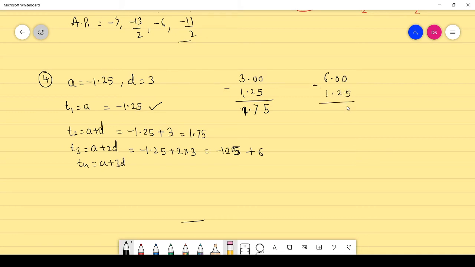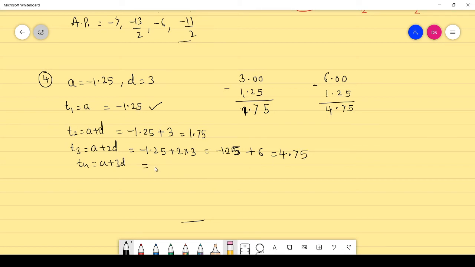So what will remain there? It will be 4.75. So we got the answer 4.75. This subtraction you might have learned in the sixth, seventh or eighth standard, so it is quite an easy kind of subtraction. So 4.75 is nothing but the third term.